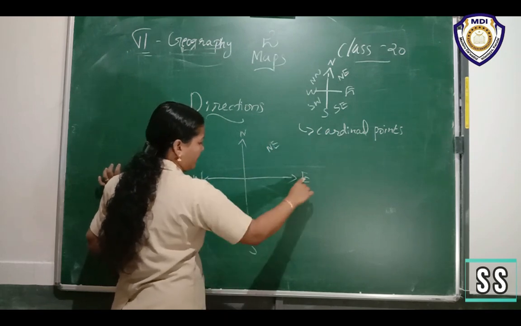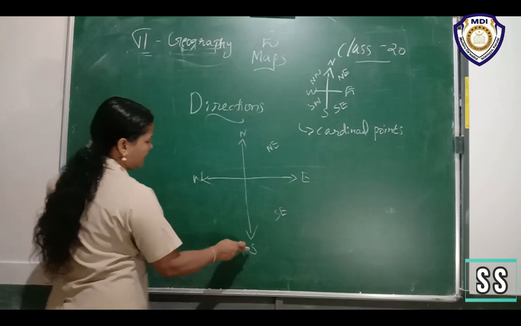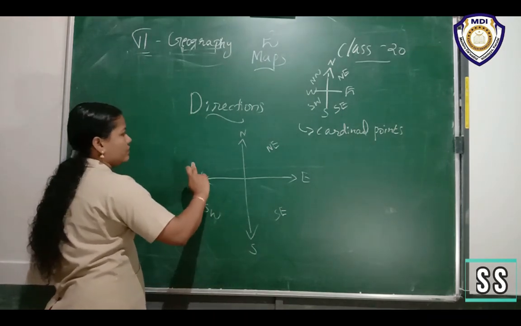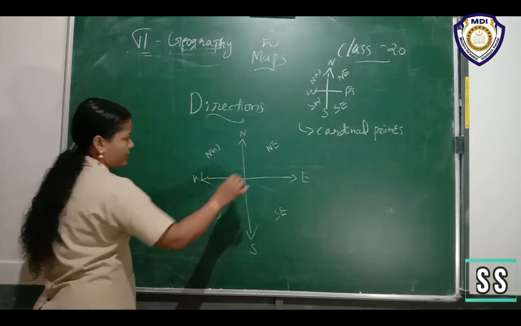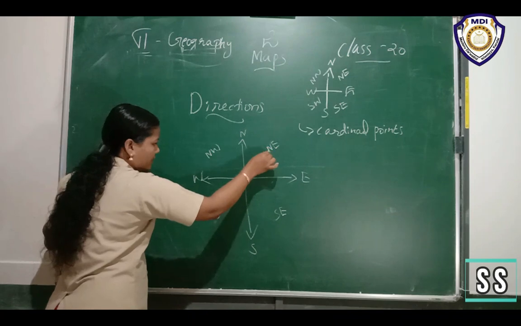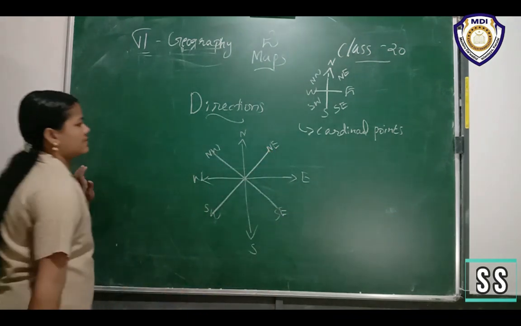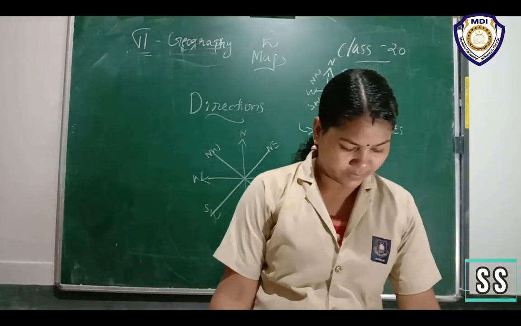Then here to here, southeast. Then southwest. Then west to north, that is called northwest. Is it clear?